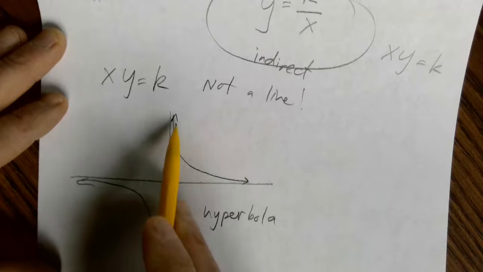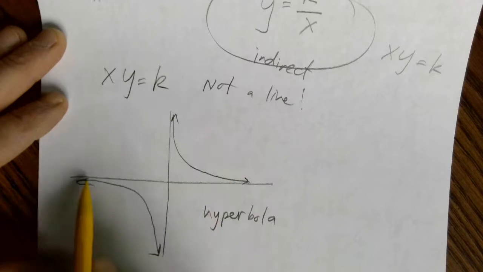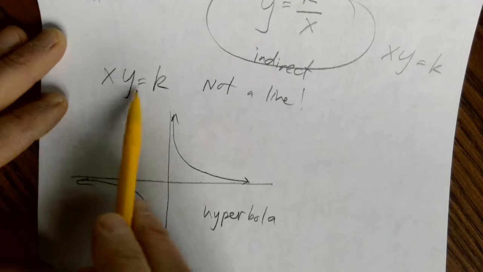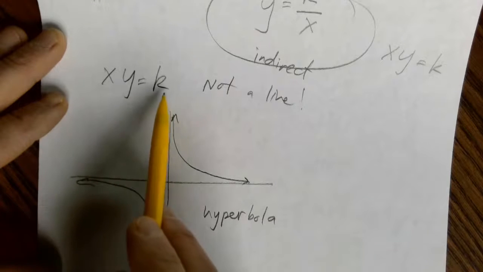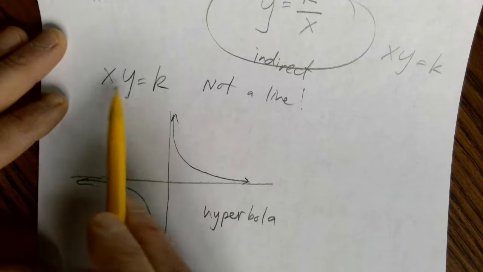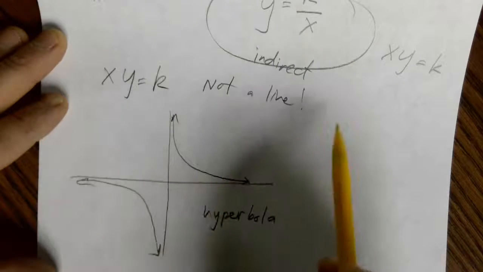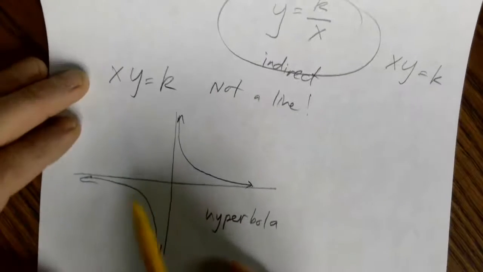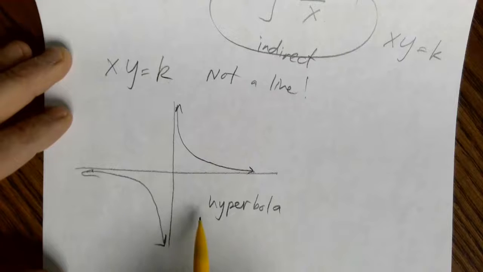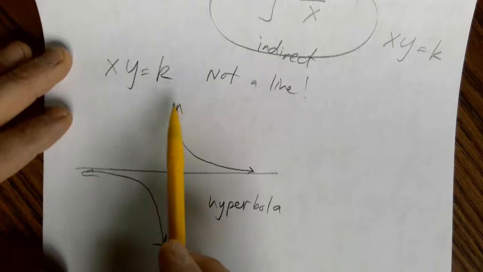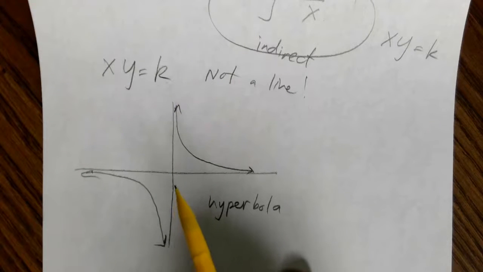And notice it'll never touch any of the axes. That's because x and y will never be 0 when this is a constant. K is never going to be a 0. So that means x and y will never be a 0. Okay? So you'll see that this kind of graph is what x times y equals k produces.